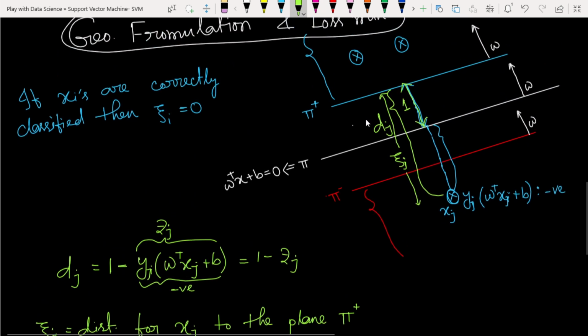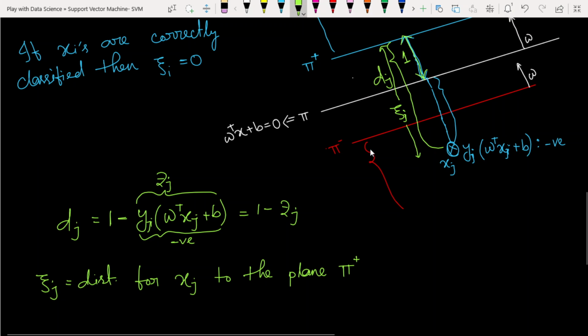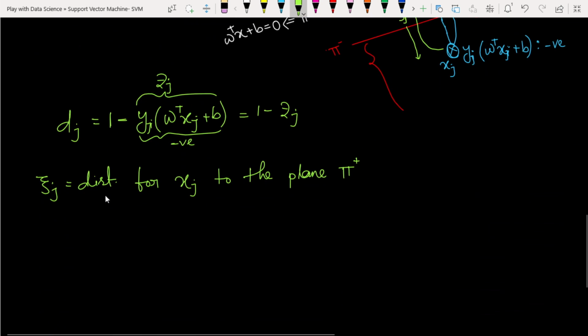Pi plus is the correct hyperplane for our positive points, and pi minus is the correct hyperplane for our negative points. So zeta is simply the distance from xj to our plane pi plus, that we call dj, and simply this is equal to 1 minus zj.